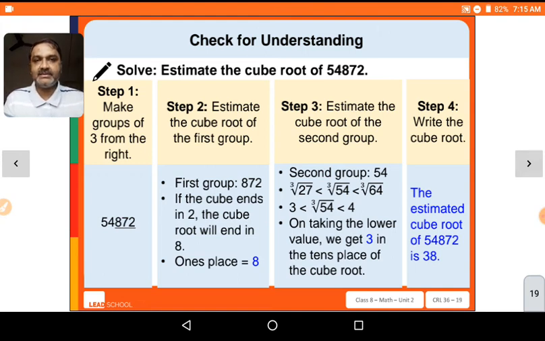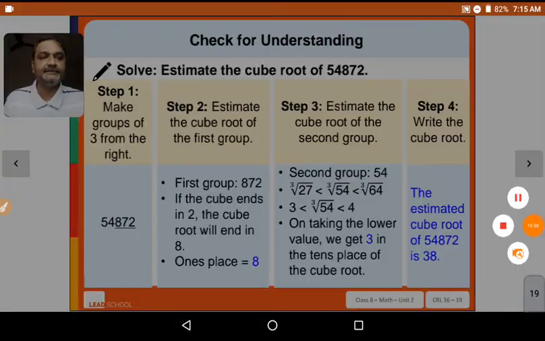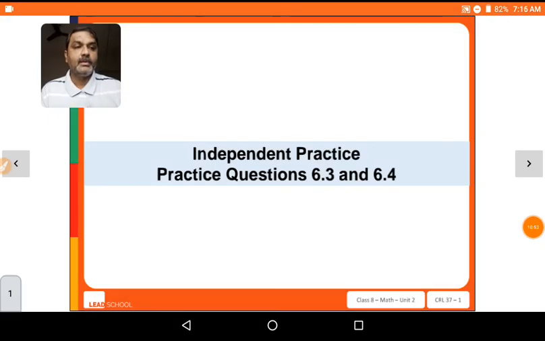Now this is for how to get the estimation of cube roots. Now we are going for another part. Now we are going for practice questions 6.3 and 6.4. 6.1 and 6.2 we already discussed in the previous lectures.